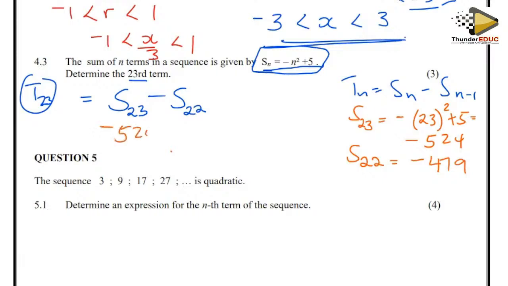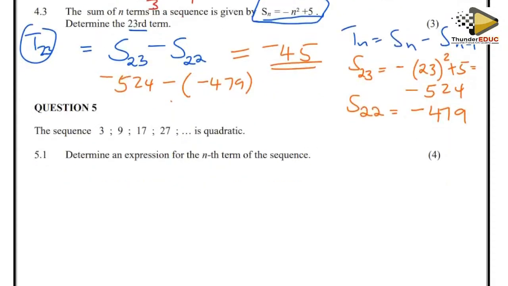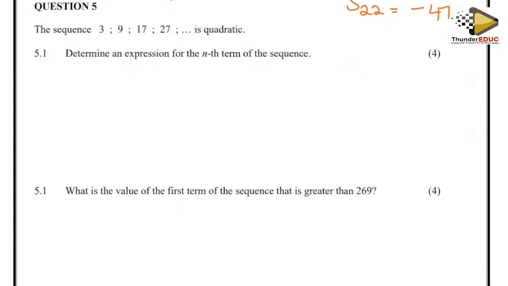So -524 minus -479. Which means my term 23 is -45. So that's how you go about that. If you're given the sum formula and you need the term or the value of the terms, just subtract the sums. Number 5. Okay.